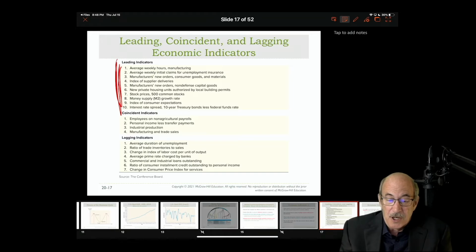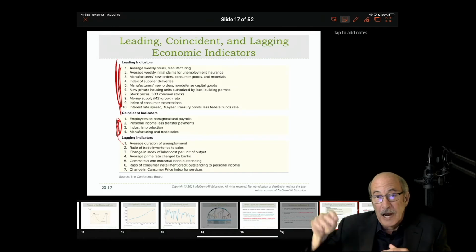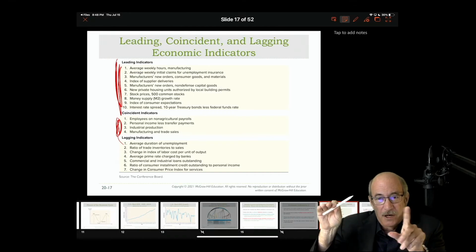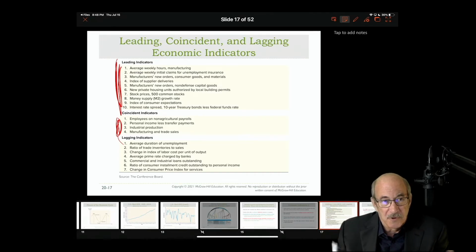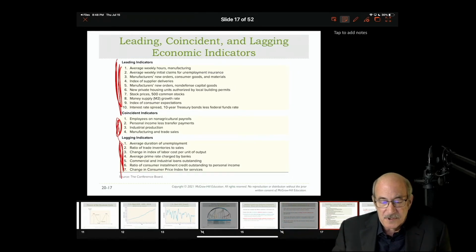But we also want to look at coincident indicators to actually provide some confidence that we know we are at this point and that we are heading into whatever different part of the business cycle it is. And then the lagging indicators, those that are trailing. So that's telling us kind of where we have been: average duration of unemployment, that sort of thing, ratio of trade inventories to sales.